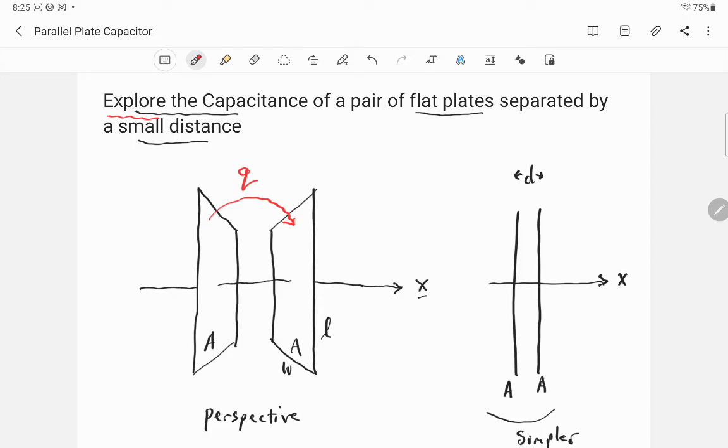And because you move charge, you get electric field. And because there is electric field, you're going to get potential difference. And the capacitance is simply the ratio of, if you were to move charge Q, how much potential difference builds up between the plates. That's called the capacitance. And that's what this chapter is about.